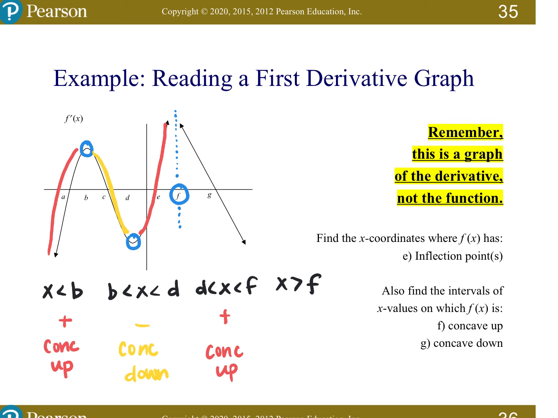And then from f on through the rest of the graph, we have a negatively sloped section, which means it's concave down. Then I have 3 points of inflection. Every time it changed concavity, that's defined as a point of inflection.